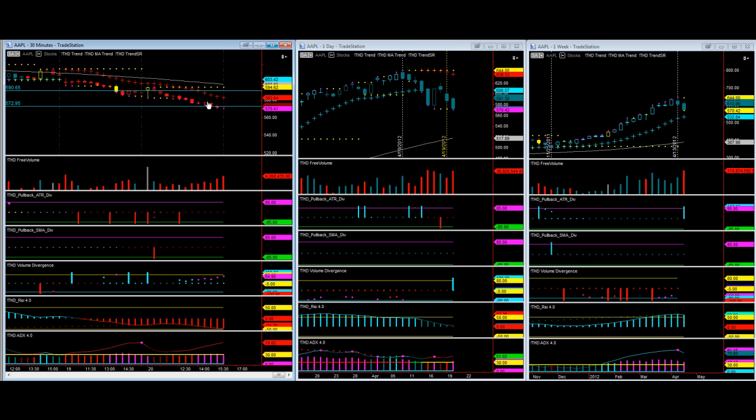Now, as you can see, and this is the important thing with volume divergence that most people do not understand, you will think, oh, there's divergence right here. Actually, it is not. When you are measuring volume divergence, it must be on a new high or a new low.